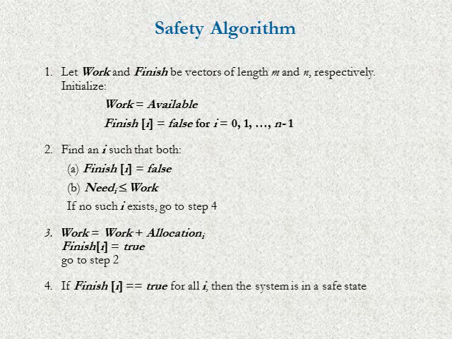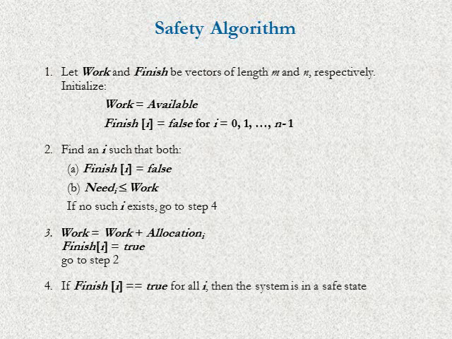The first one is the safety algorithm and the second one is the resource request algorithm. The safety algorithm component is used to verify whether the system is in the safe state, while the resource request algorithm component verifies what will be the current state of the system after various modifications of different data structures.